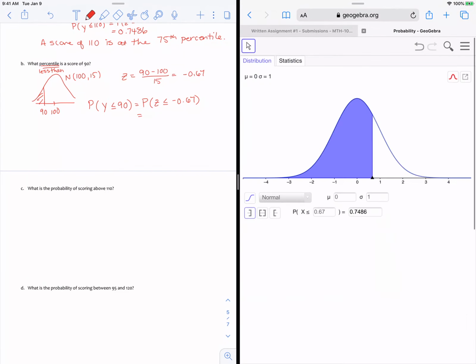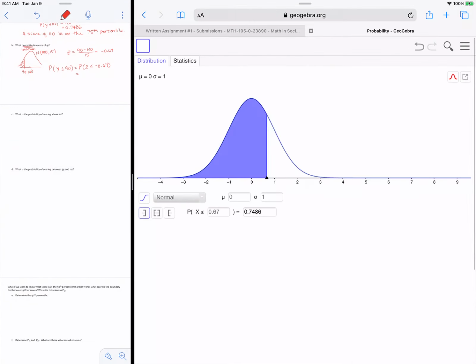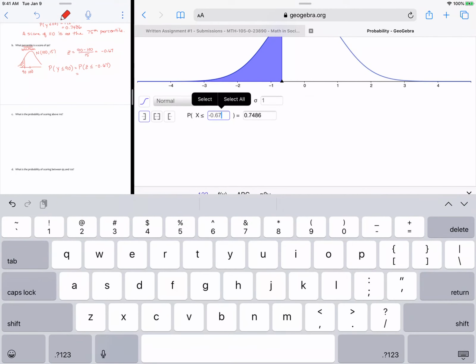Go to GeoGebra to find that probability. So we want less than still, and we're just changing in here to negative 0.67. And like I was saying before, negatives don't always show up nicely in here. Okay, let's see if I can get it in when it's bigger. There it is.